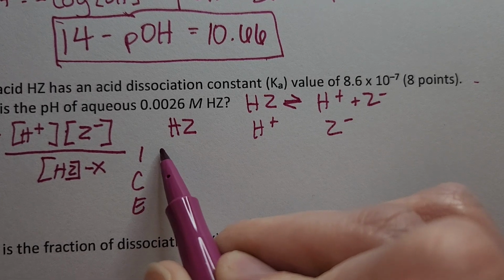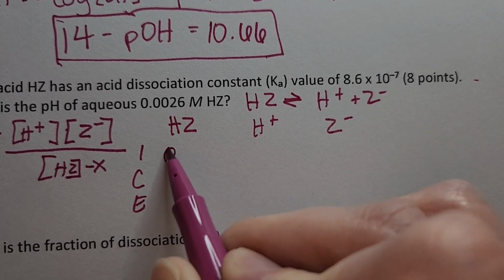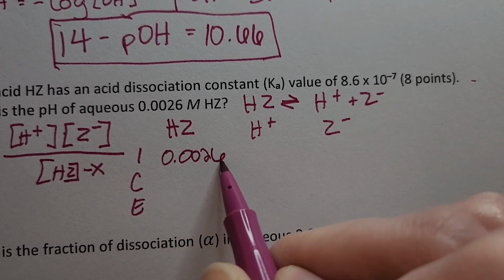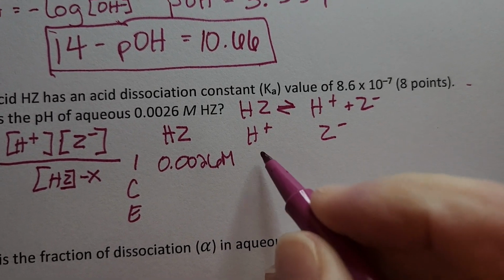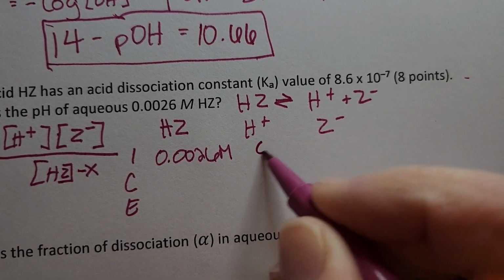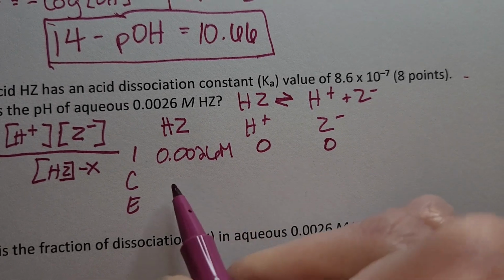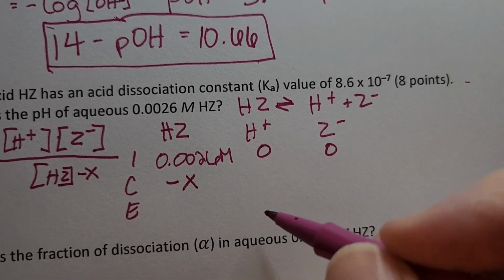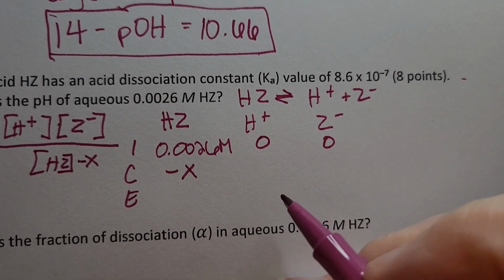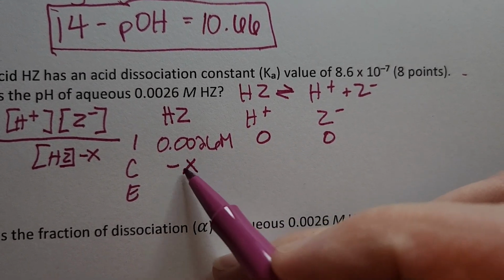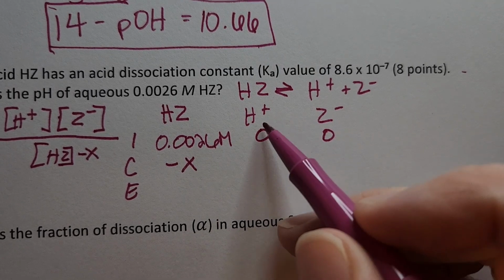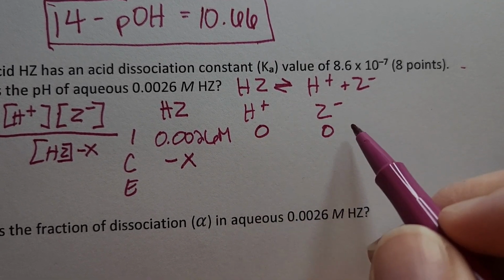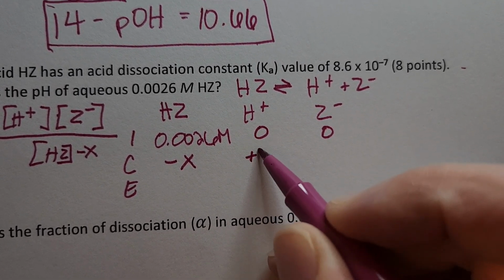So our initial concentration of our acid is 0.0026 molar. And then our initial concentrations here are 0 and 0. We're going to subtract an unknown amount because we aren't really sure how much it dissociates yet. And this amount that it dissociates is going to dissociate into H plus and Z minus, so we're going to add X here.